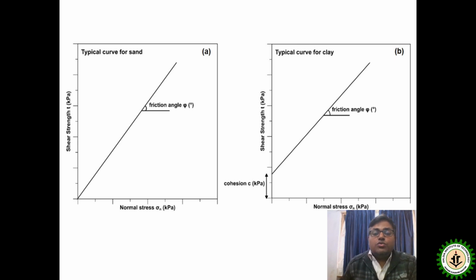So if we take cohesionless soil like sand, that time this failure line will pass through the origin, because there will be no cohesion, only we are getting phi in case of cohesionless soil, that is sandy soil. But in case of C-phi soil, we will get the C value along the y-axis, the intercept along the y-axis, and the phi value, the inclination of this failure line.